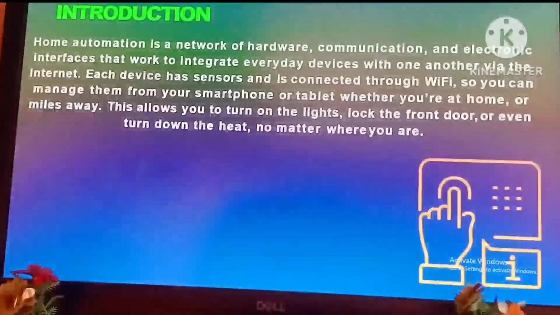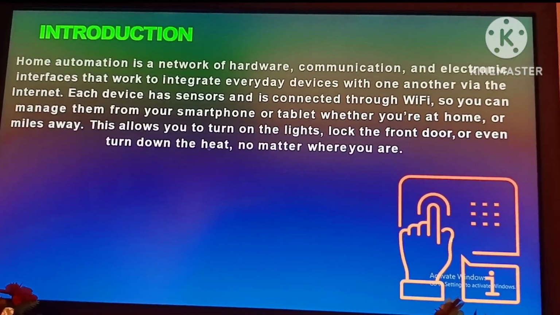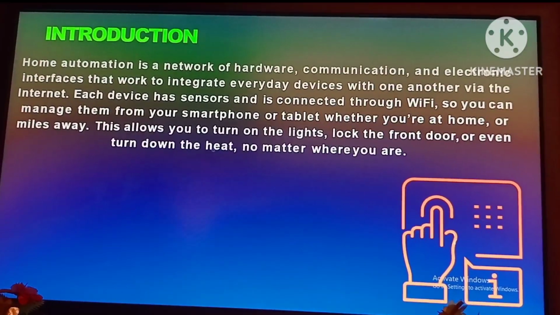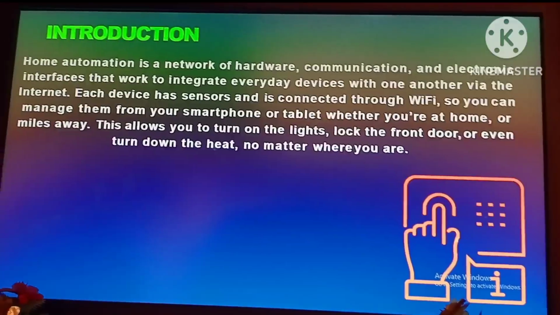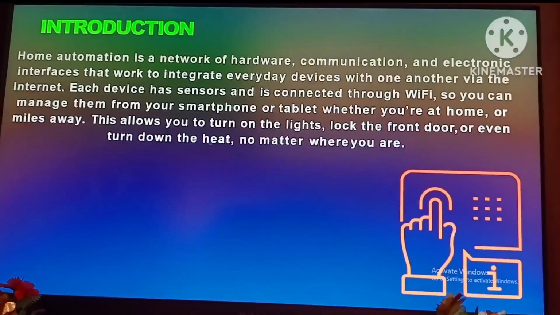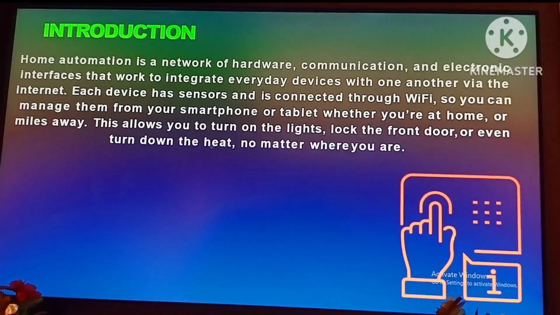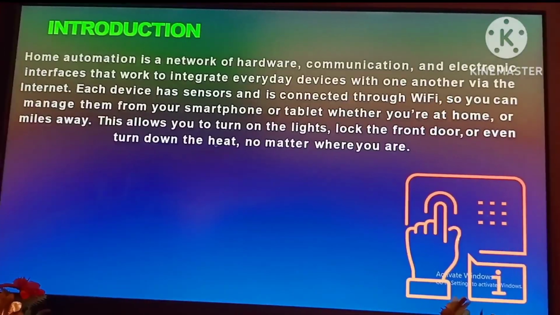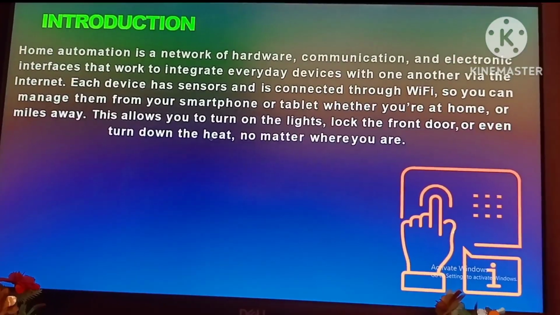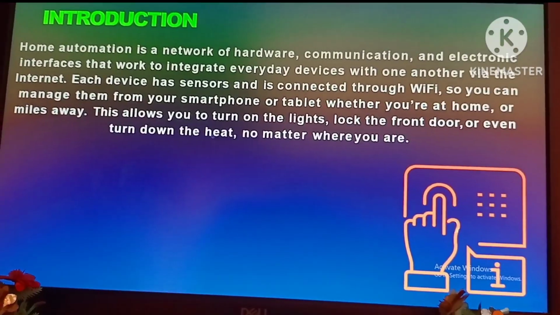Okay, then introduction. Home automation is a network of hardware, communication, and electronic interfaces that work to integrate everyday devices with one another via the internet. Each device has a sensor and is connected through Wi-Fi, so you can manage them from your smartphone or a tablet, whether you are at home or miles away.